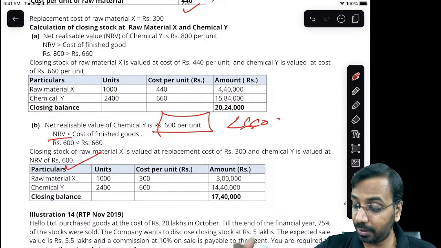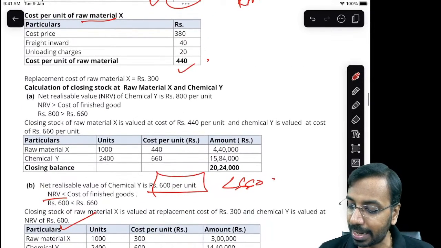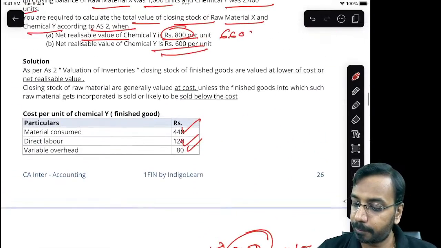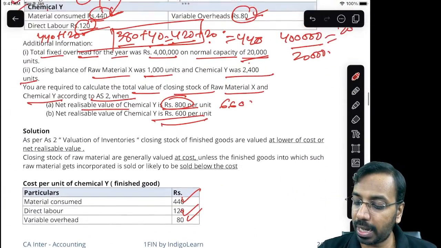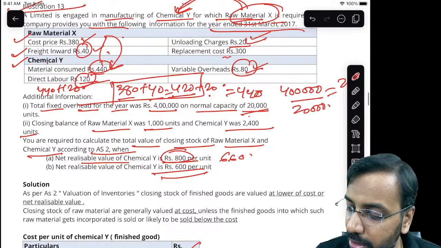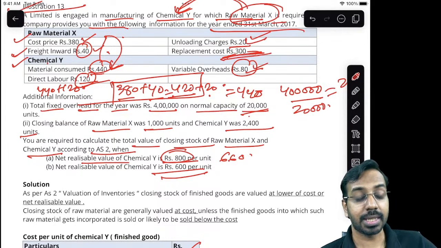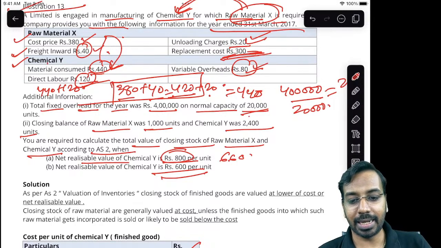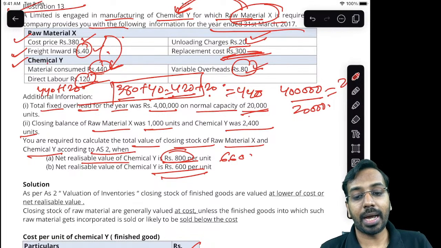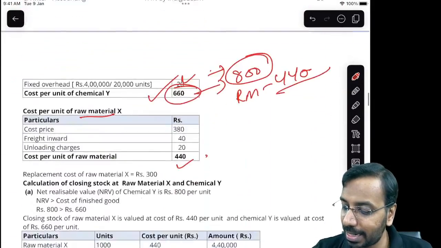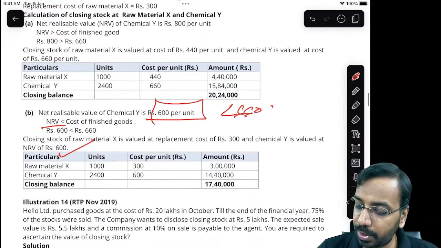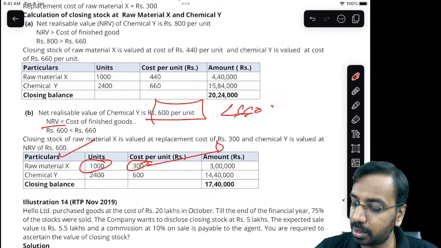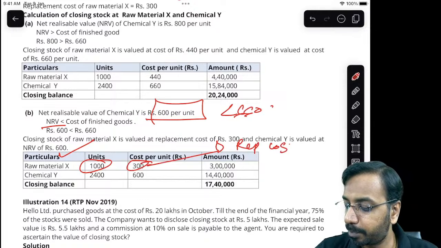Here you have to make an assumption that it is being sold at below cost, and they have also given us a replacement cost of 300, meaning raw material prices are declining. Finished goods are sold at lower than cost. In that case, your valuation will be 1000 into 300. This is the replacement cost.